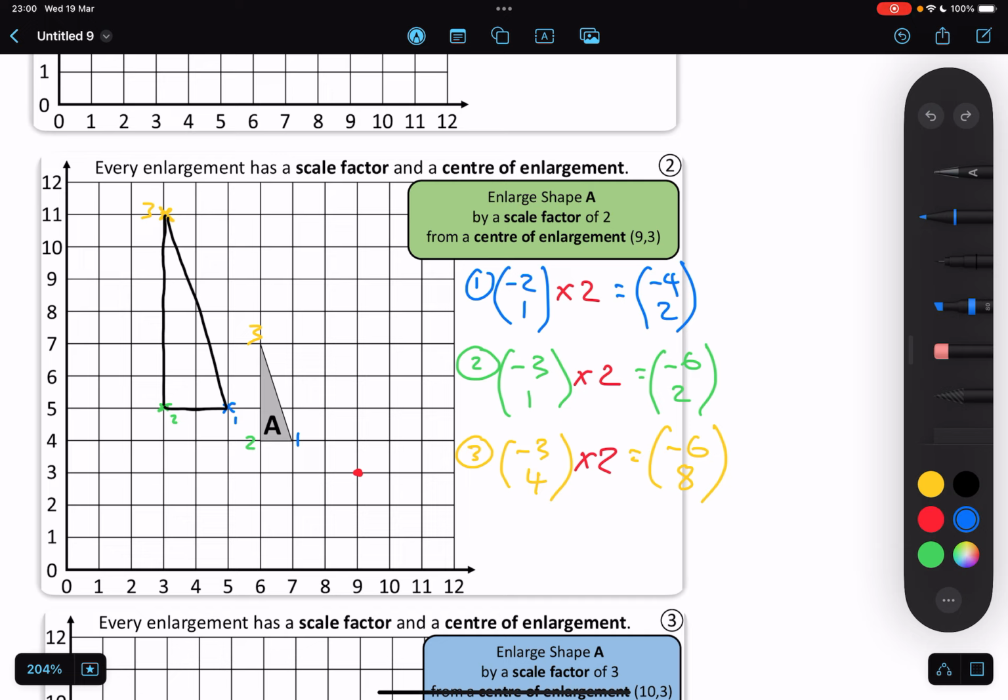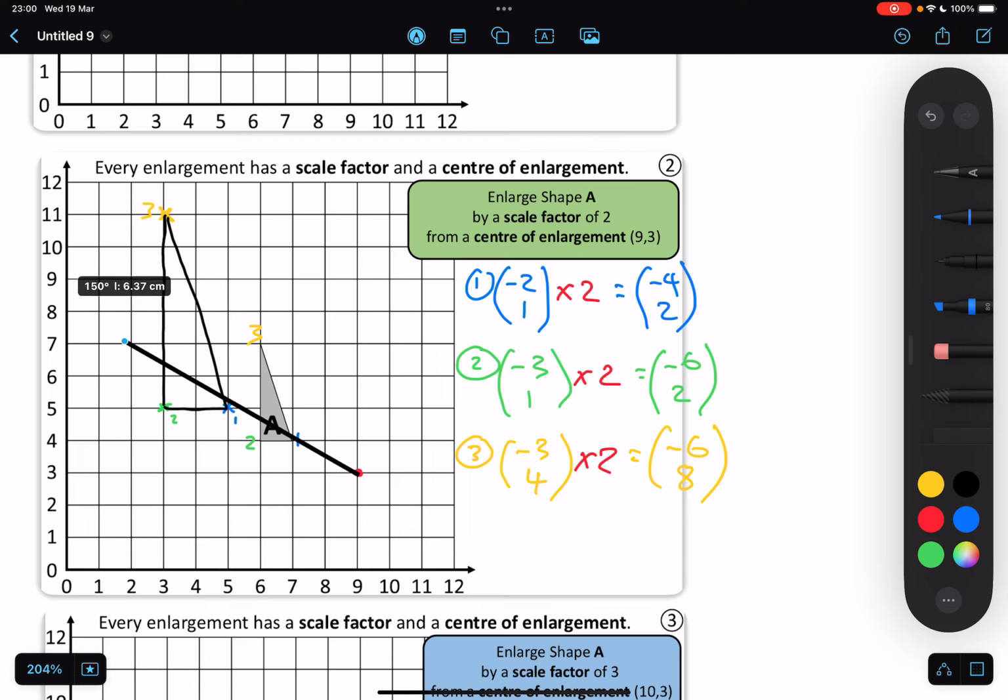Now that that's done, final thing, do not forget to draw the rays to see if the enlarged shape is in the right position. So you simply use your ruler to draw a straight line from your point through. You can see, well, those are the 3s.